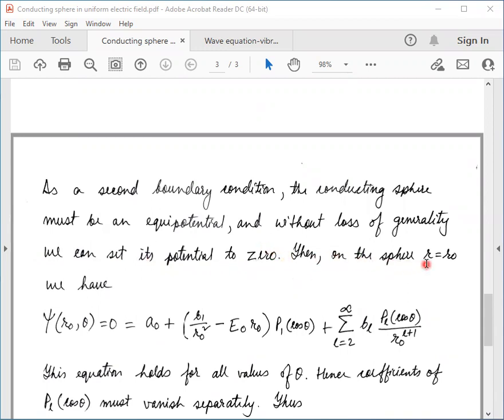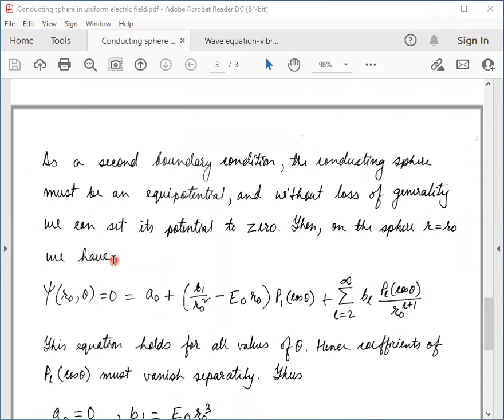Thus, on the sphere of radius r equal to R0, that is on the surface of the sphere, we will have this equation for psi, the potential on the surface of the sphere. Since the surface is an equipotential and we have set that potential to 0, we write psi equal to 0 and expand the right hand side.